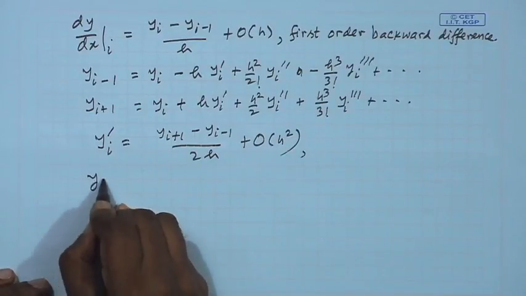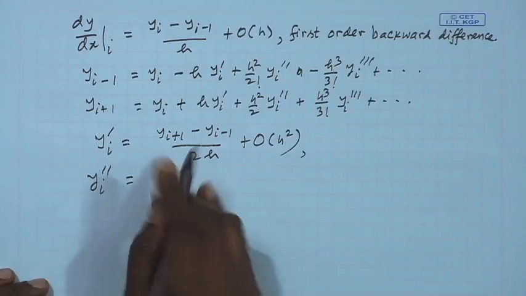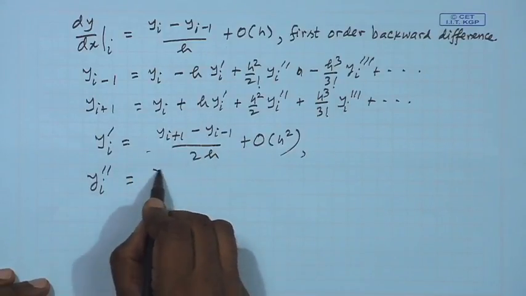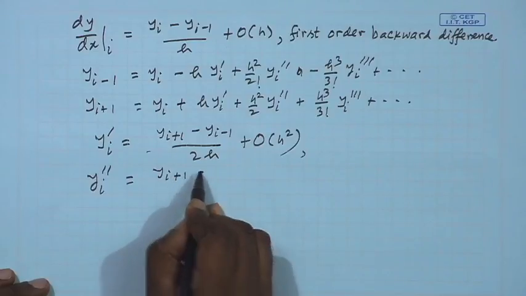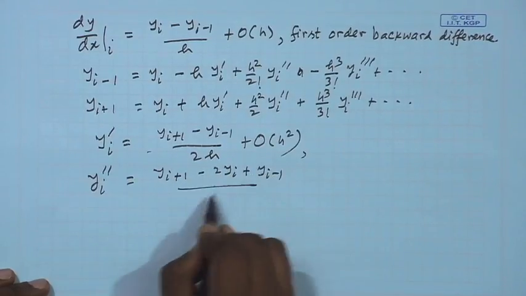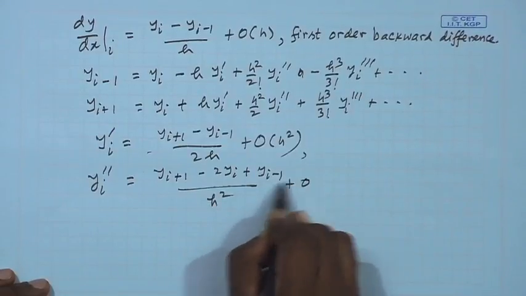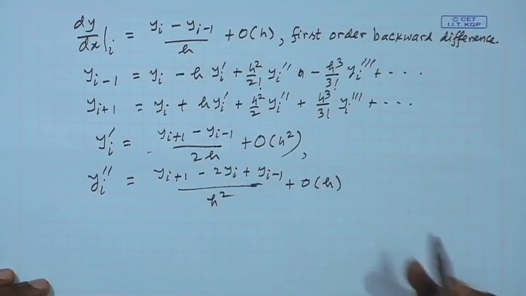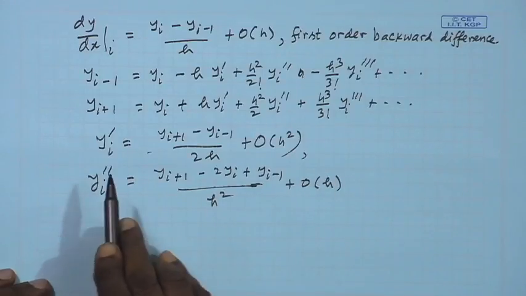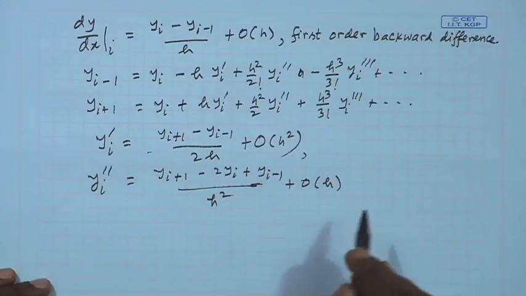Similarly, y_i double dash can be written if I add these two. So, y_i double dash can be written as (y_{i+1} minus 2y_i plus y_{i-1}) by h square plus order h square. So, this is the way of approximating the second derivative, or the first derivative with higher order truncation error.